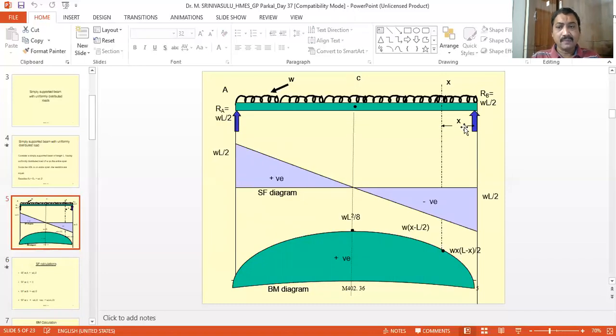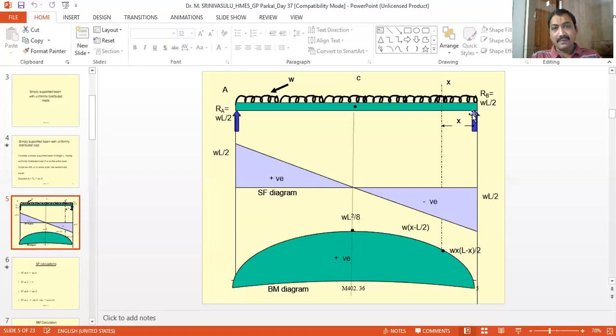Now coming to point B. Here it is convenient to find it by taking the right of the section. So I am taking the section here, just ahead of point B. If you take the rightward force, only one force is acting, that is WL by 2, acting upwards.